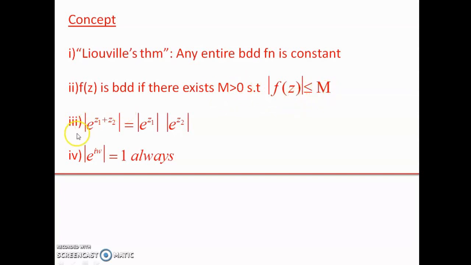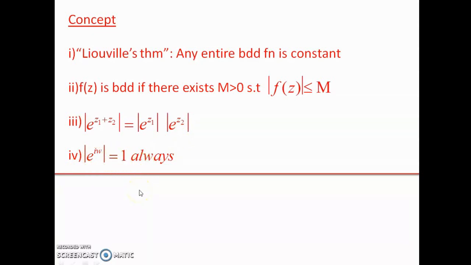And third is a property of exponential. You know that, it's simple. Modulus e power z1 plus z2 is equal to modulus e power z1 into modulus e power z2. And also a property, that modulus e power iw is equal to 1 always.